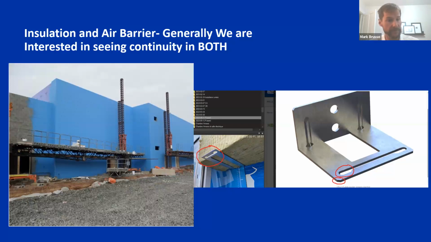So on the left, for example, is a school project with a fluid applied air vapor barrier. And some of those small little dark spots that you can see there, those are all reinforcing tie portions of the reinforcing steel sticking out. And those will connect into an exterior brick. And it's really important that we get all those small little crevices sealed and coated with the air vapor barrier membrane.